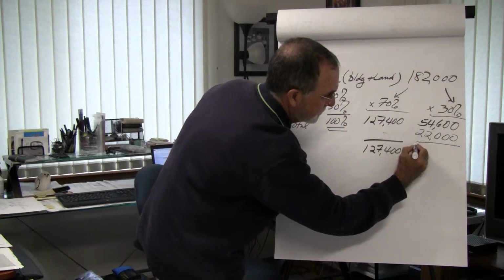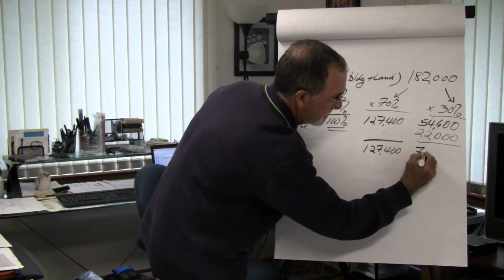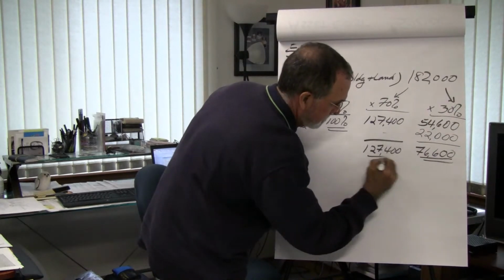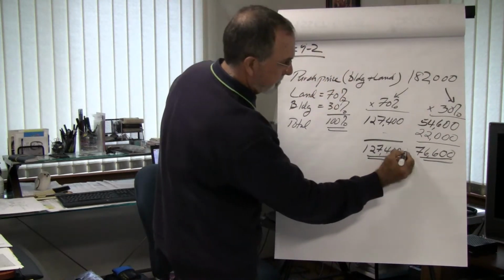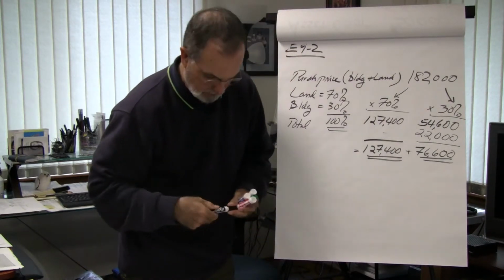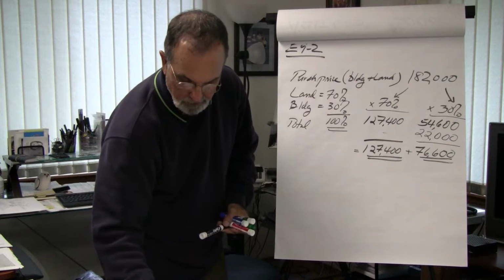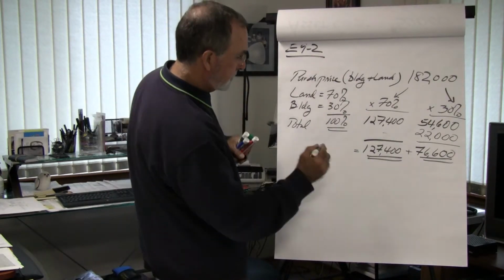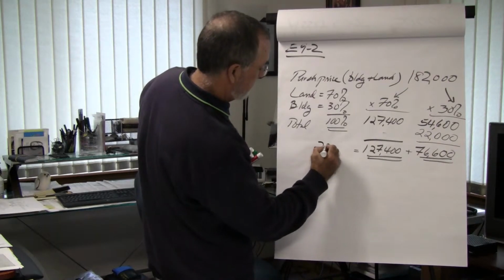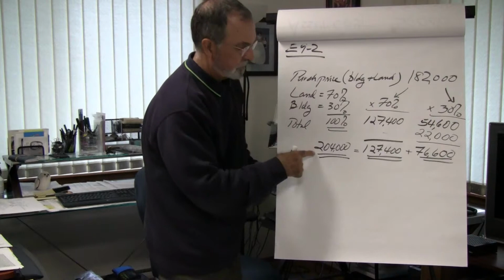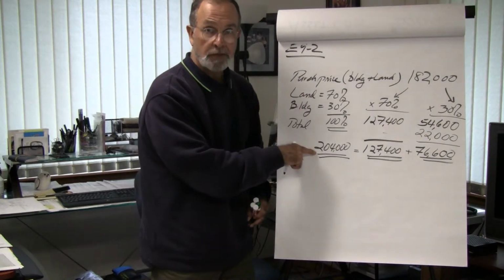So our building would be 76.6. And if we were to add these totals together, our grand total would be 204,000. This is the 182 plus the 22,000.